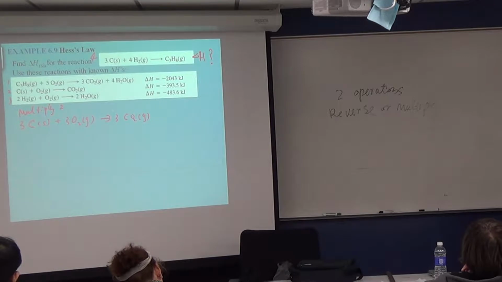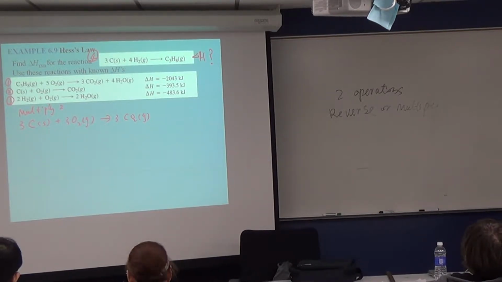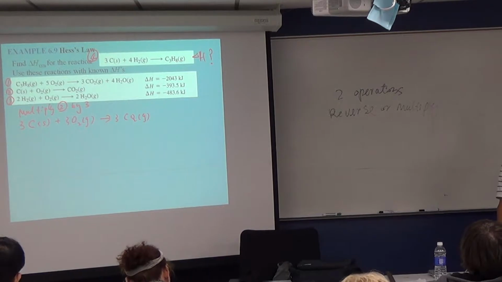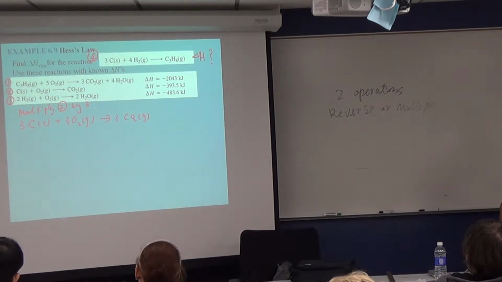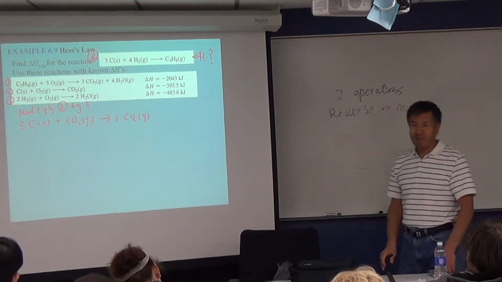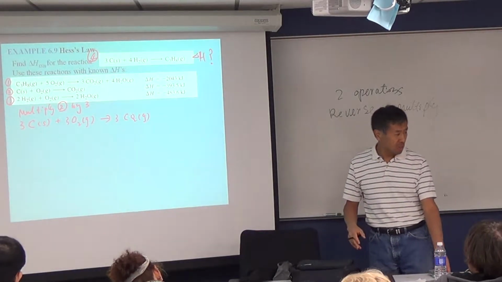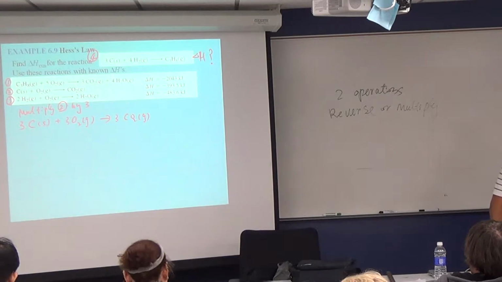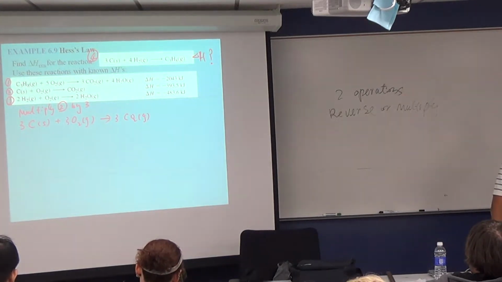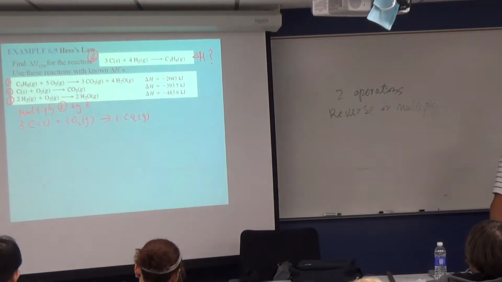Multiply 2 by the number 3, not by equation 3. What that means is you multiply every coefficient by 3. Initially equation 2 has all the coefficients as 1, so therefore they all become 3.